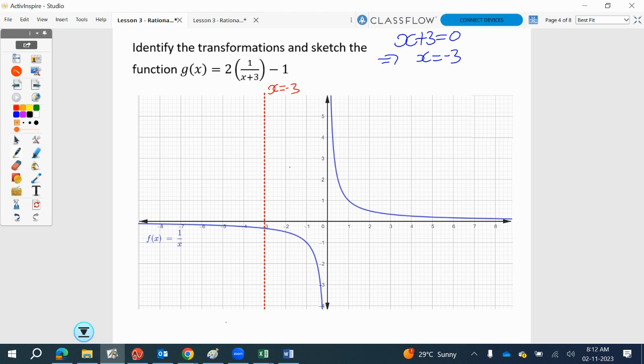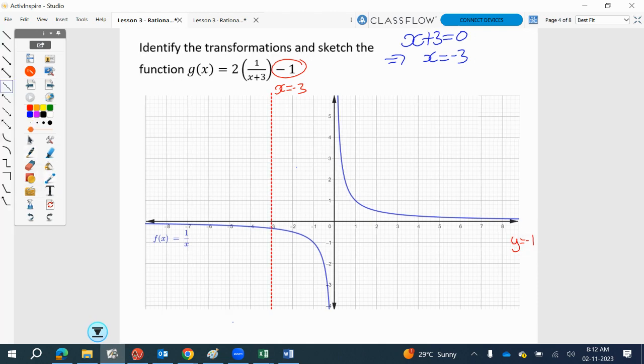What is our horizontal asymptote? It comes from this number here at the end. So we're going to have y equals minus 1 as a horizontal asymptote. Always start with these two. It will help you position your function.